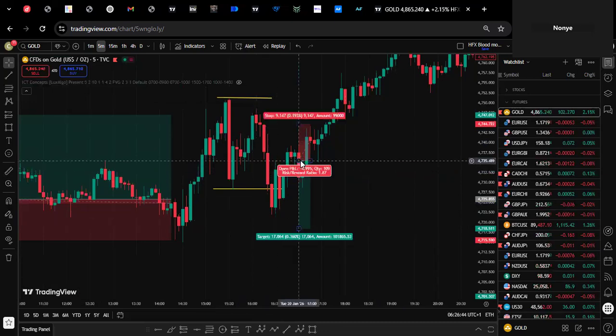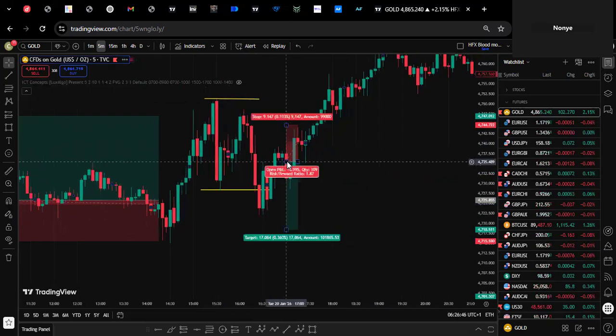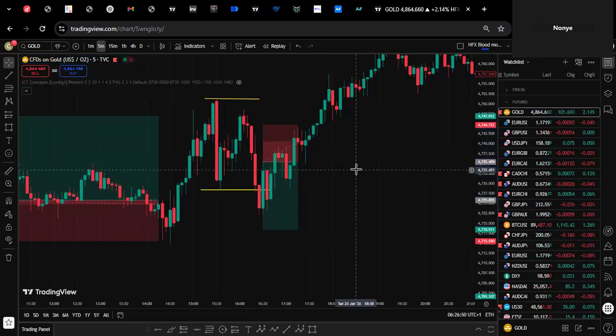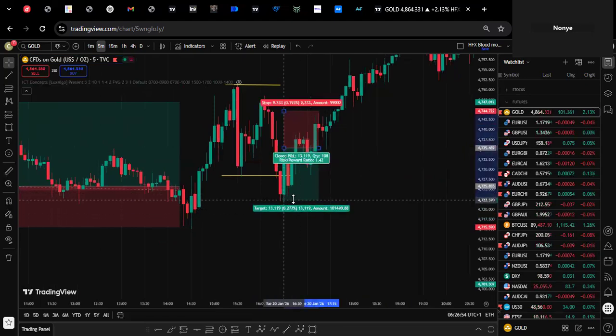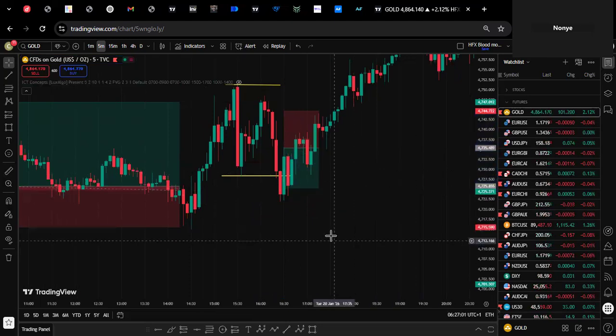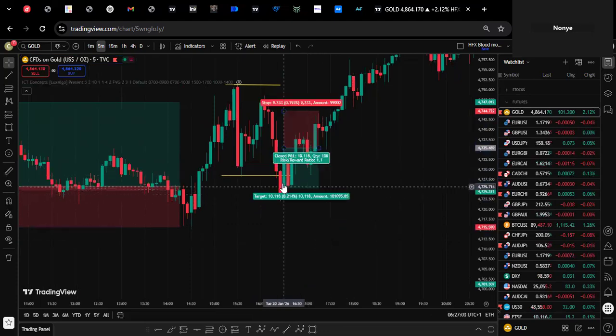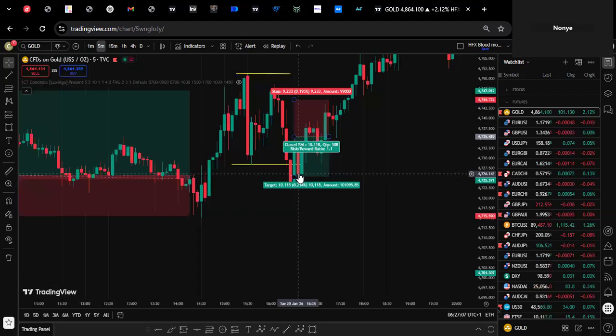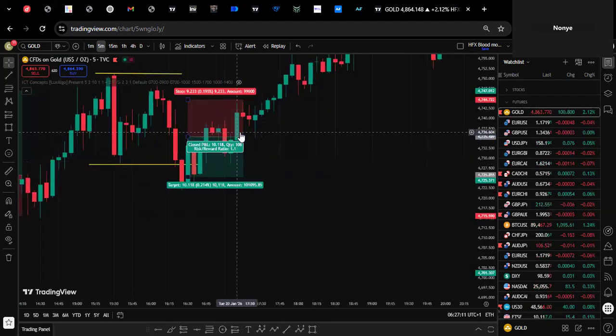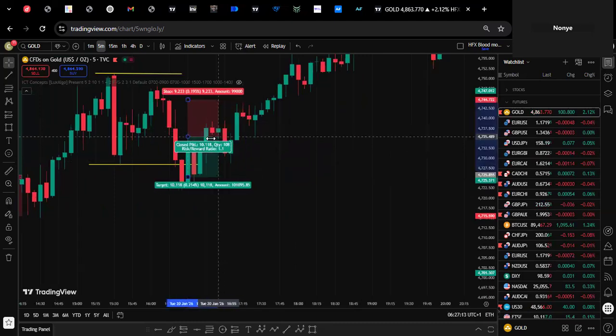So in this case, if you entered here and you're targeting 10 pips, this is already 10 pips. So you can see it hits here and the 10 pips is this very candle. So in 5 minutes, you hit your profit and went your way.